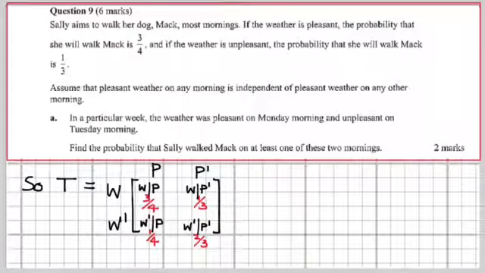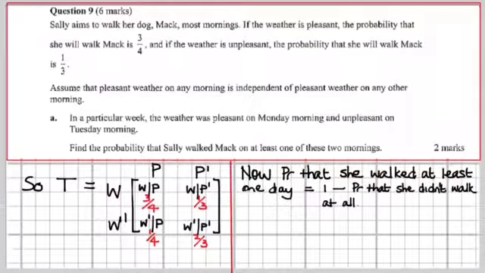Alright, now what have we got to do? We've got to find the probability that Sally walked Mac on at least one of these 2 mornings. Well, I like to play contrarian because I think that's an easier way to go. The probability that she walked at least one day is 1 minus the probability that she didn't walk at all, because that's really easy to work out, okay?